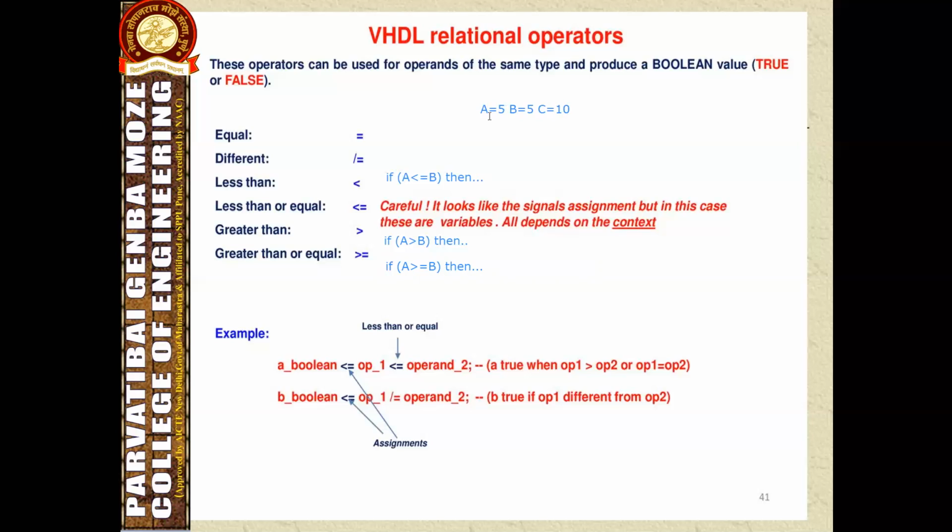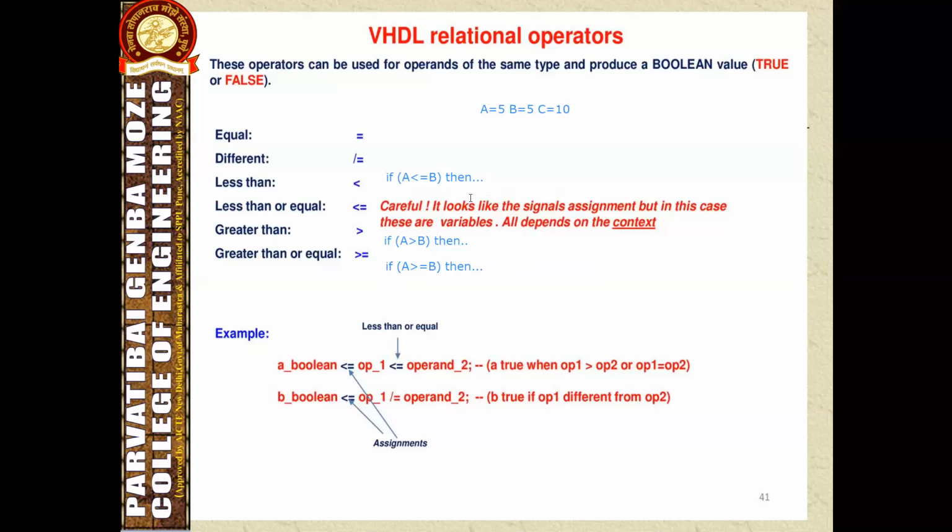But here the other equal sign is also there. It will check if the value of A is equal to the value of B, and as these two hold the same value, in this condition the statement will become true and it will execute the further command.